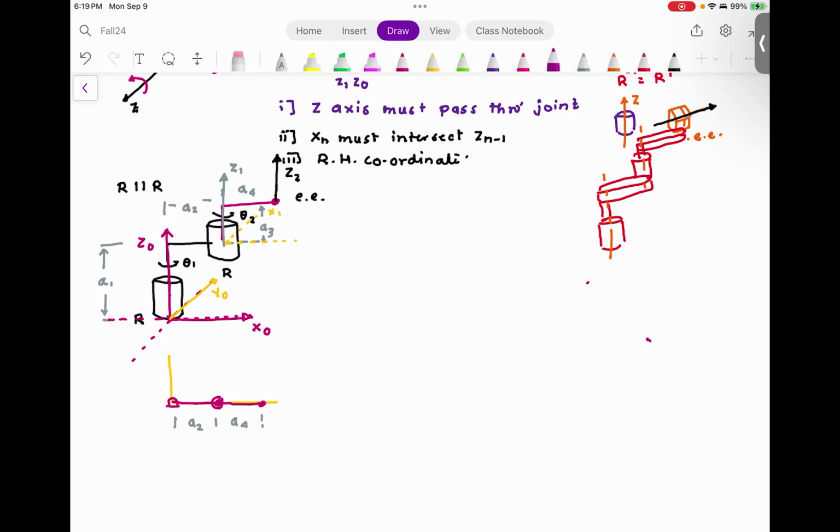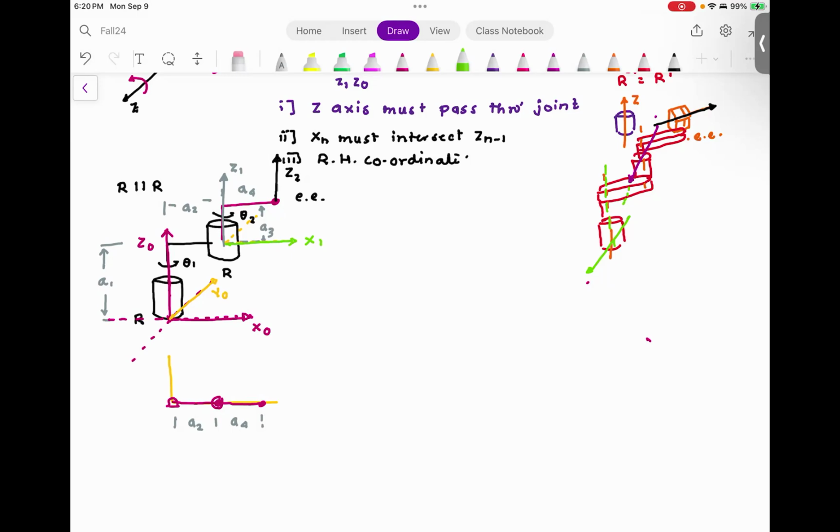If I were to choose this configuration, this is going to be my x, and this will be like z here, and this actually does not intersect with my z1. So this is not the right configuration. I should not be using this as x1. This should be my x1. Everyone understood this? This is extremely important.